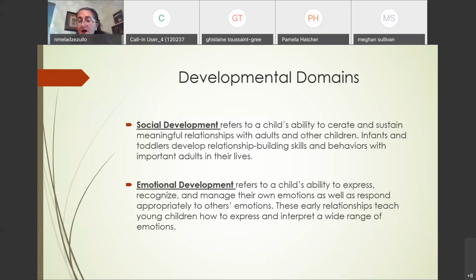As you know, these early relationships teach young children how to express and interpret a wide range of emotions. We want to see our children show their excitement when they are happy. We want to see them upset if they are upset, and that's another sign the child is reacting to something upsetting. That's another sign that the child is growing, developing and understanding.